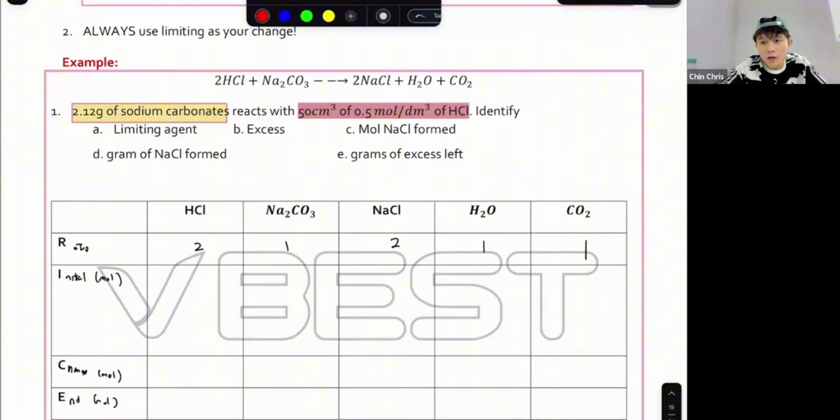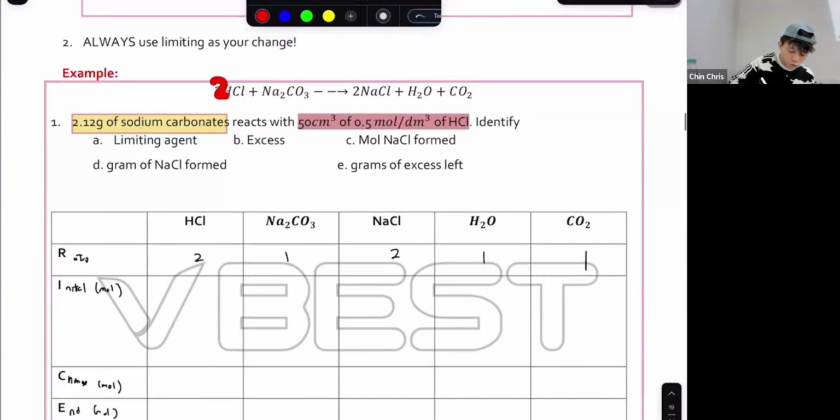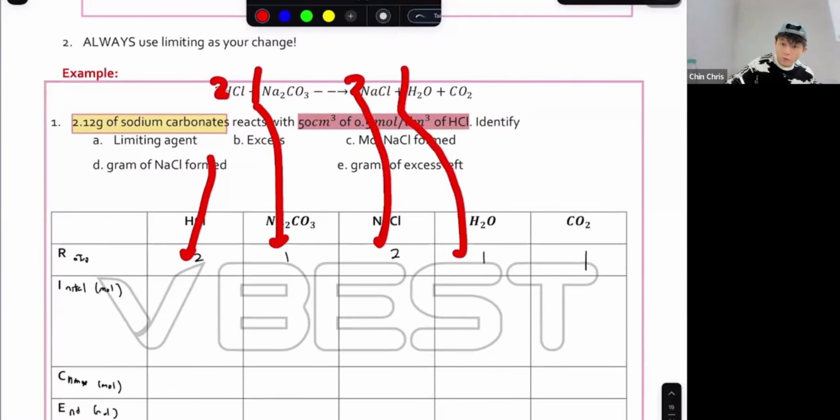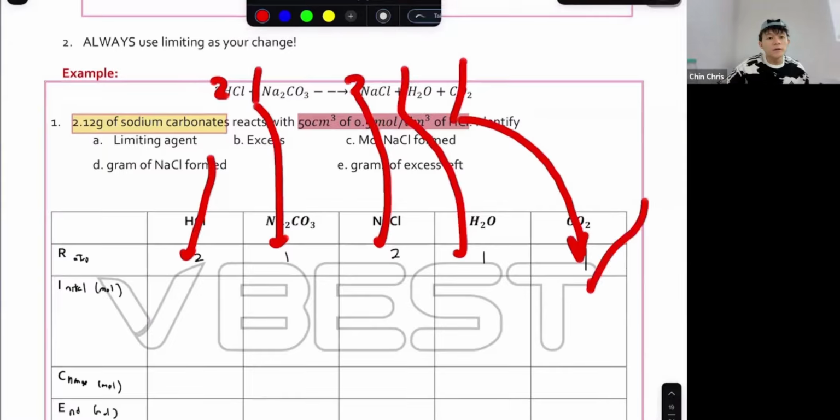So I'm a bit confused. Which one is confusing? Okay, let me know. The RICE method. Oh, I haven't started yet. I put ratio only, 2:1:2:1:1.